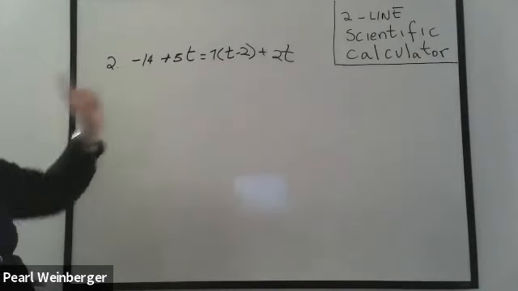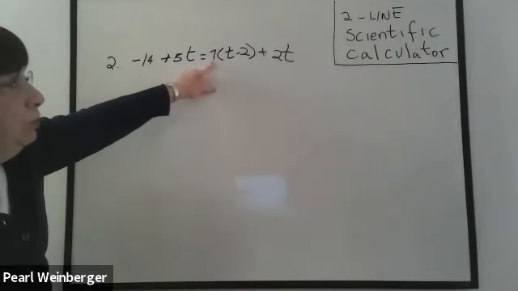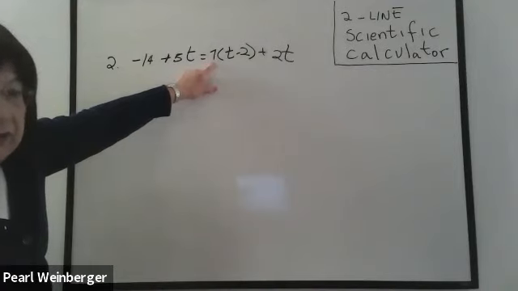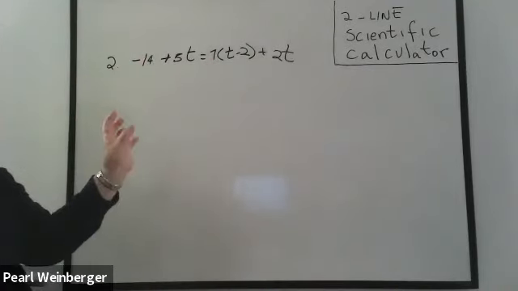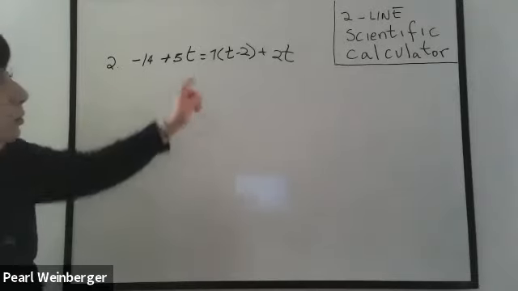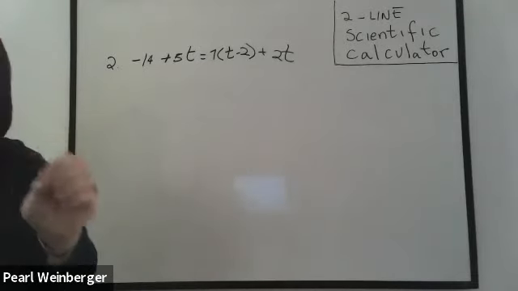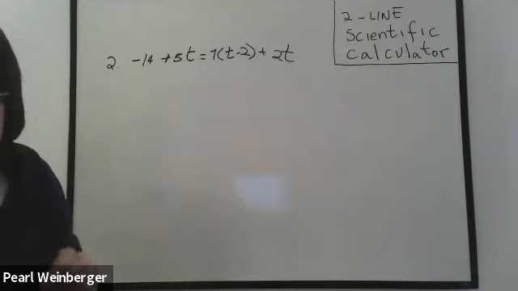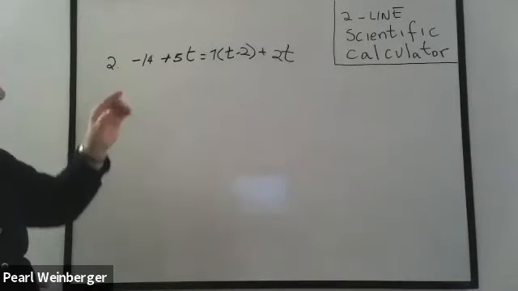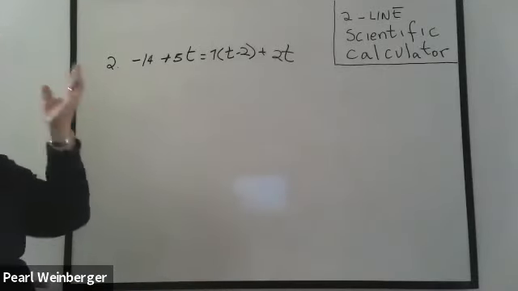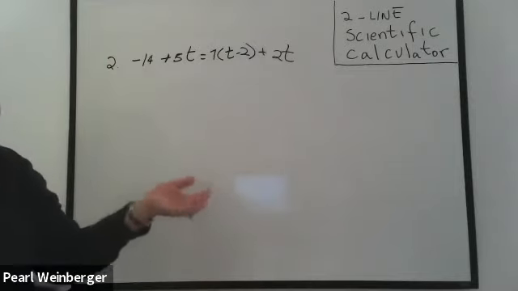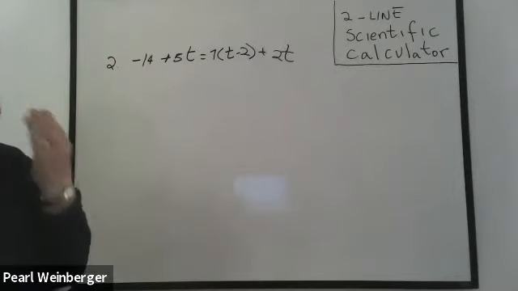Now, one little hint. If there's no number directly in front of the parentheses, if there's a sign in front of it but there's not a number attached, it's as if the number attached is the number 1. That's like anything. If I just give you a letter like x, it's understood to mean 1x.